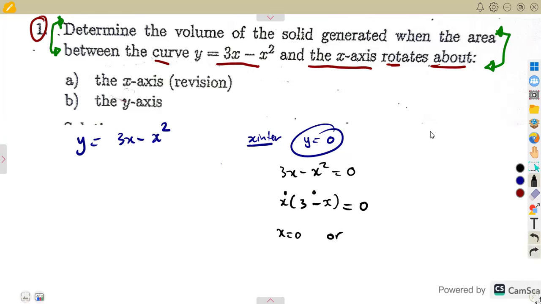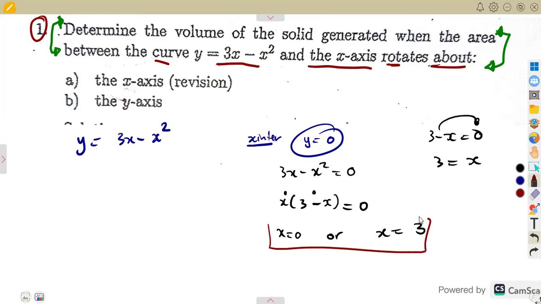If 3 minus x is equal to 0, take x this side. So 3 is equal to x, or x is equal to 3. So these are the x-intercepts: x at 0 and x at 3. Then for the y-intercept, we understand that x must be equal to 0 there.